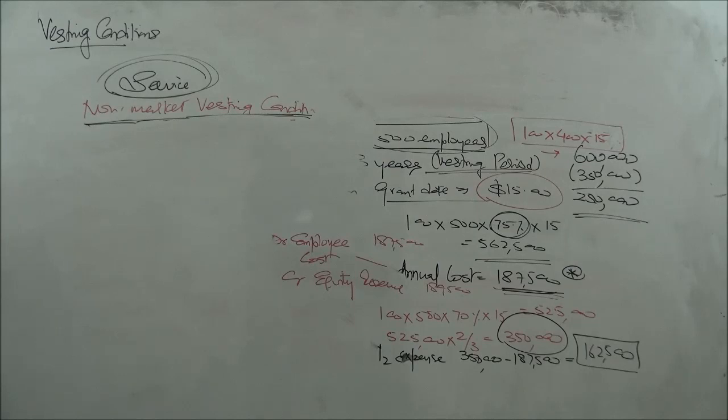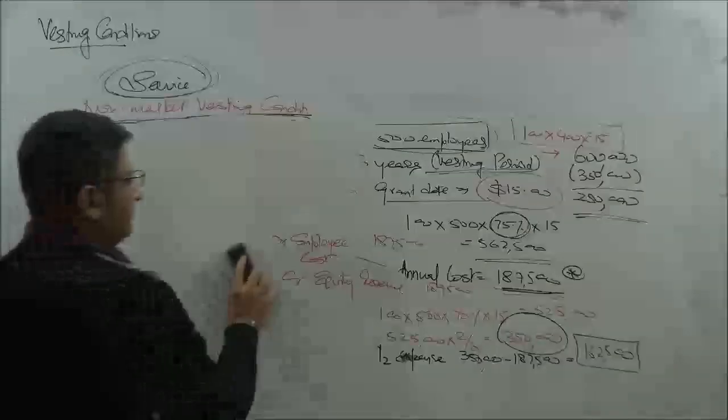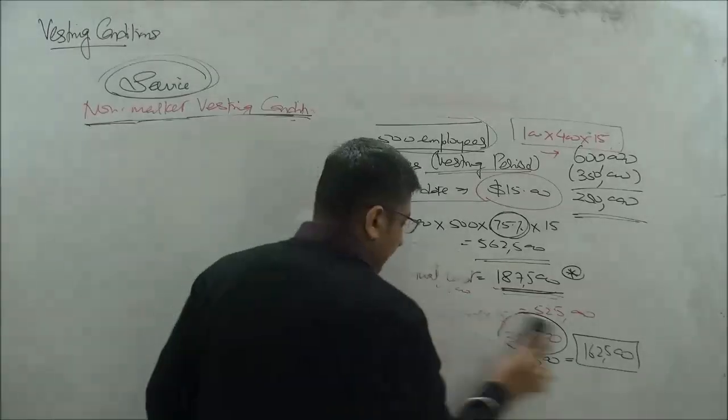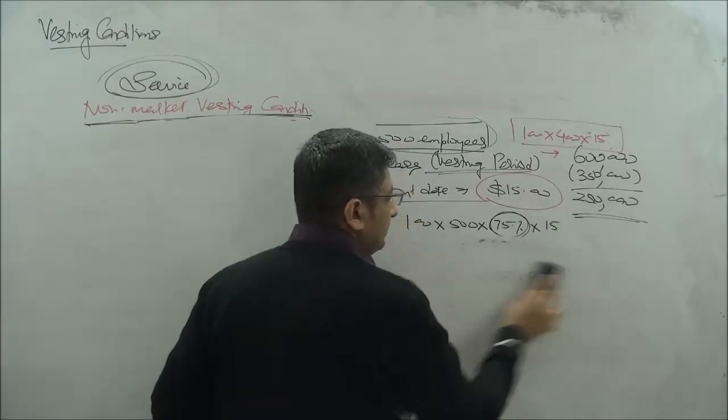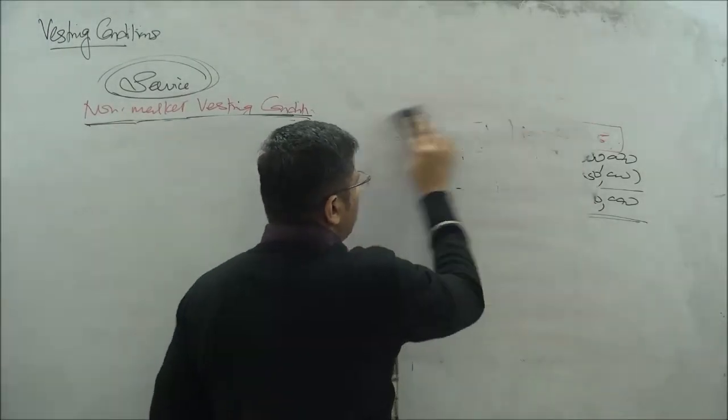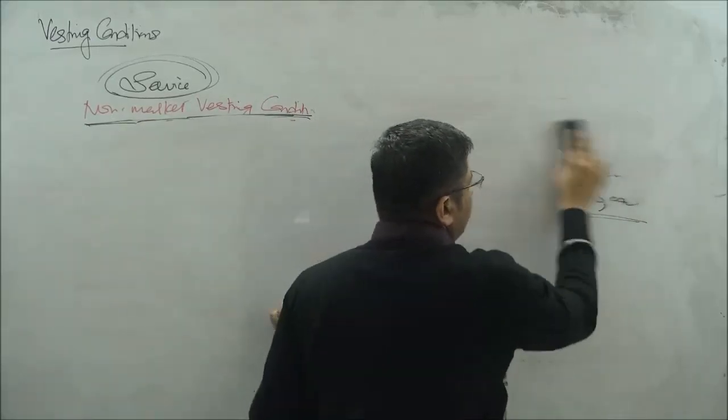The question is, while this was available as information, what if the vesting period keeps on changing? What if the vesting period varies depending on a condition? Let's try to talk about that as well. So it's still a non-market condition, right? Here my vesting period was of course 3 years.